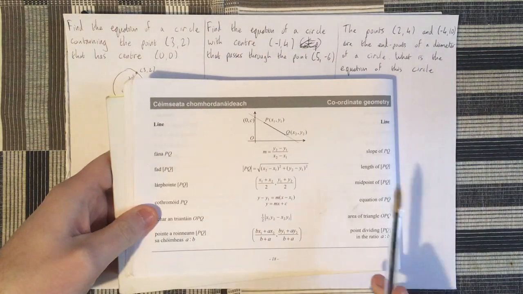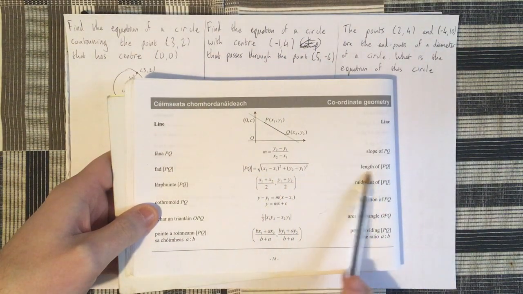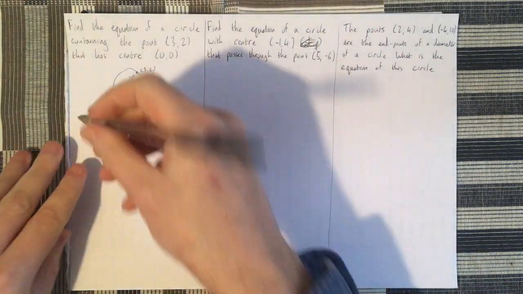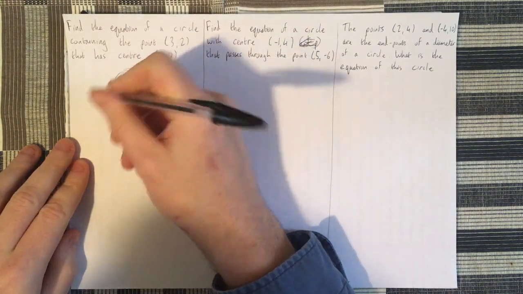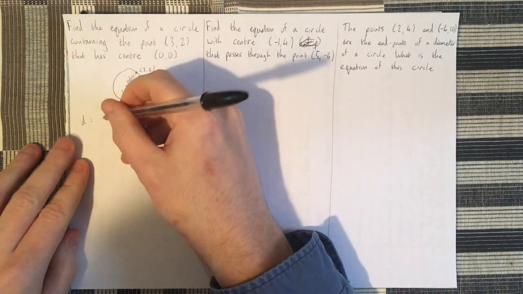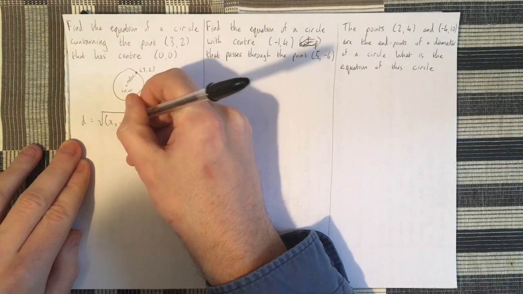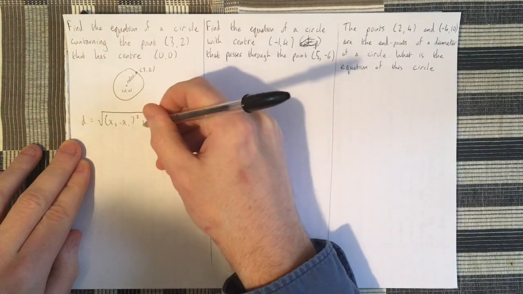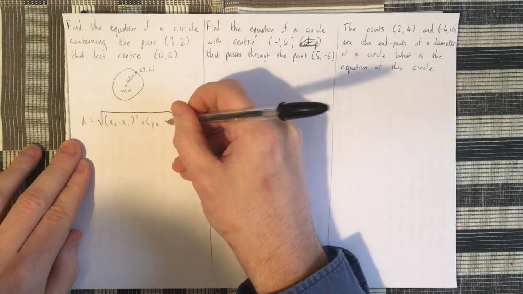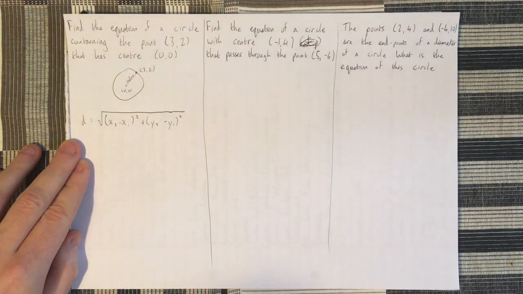Well, I've got this length or distance formula here on page 18 of the log tables. Distance or length is equal to the square root of x2 minus x1 squared plus y2 minus y1 squared.